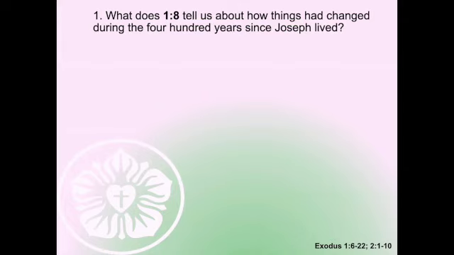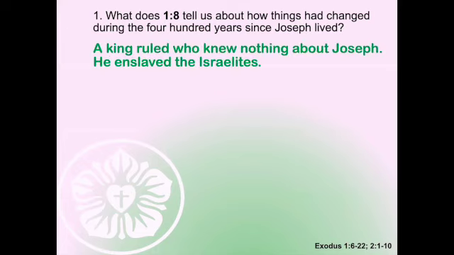Yeah. There's a new Pharaoh, and the Hebrews are. All right, excellent. Yeah, there's a new Pharaoh, and in the note that he knew nothing about Joseph, and so he also enslaved the Israelites. And by this time, the Israelites have grown to a fairly massive nation, probably over 1 million people.